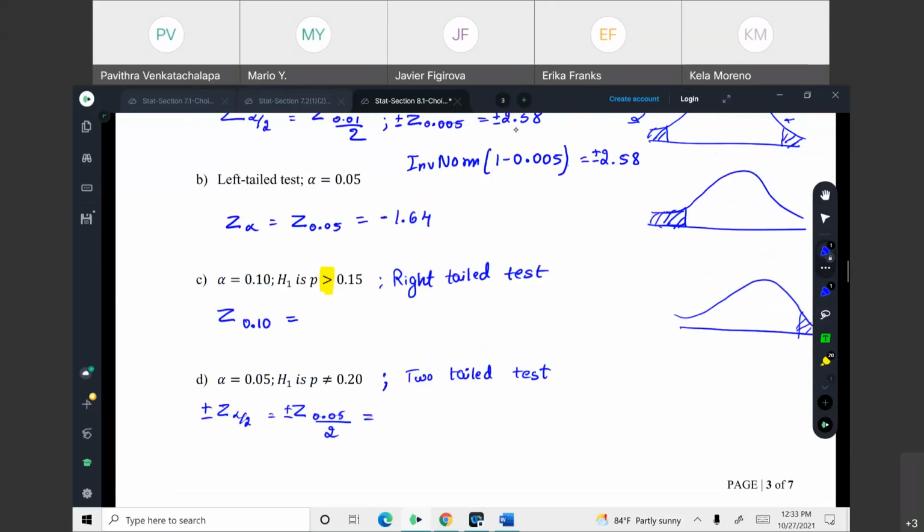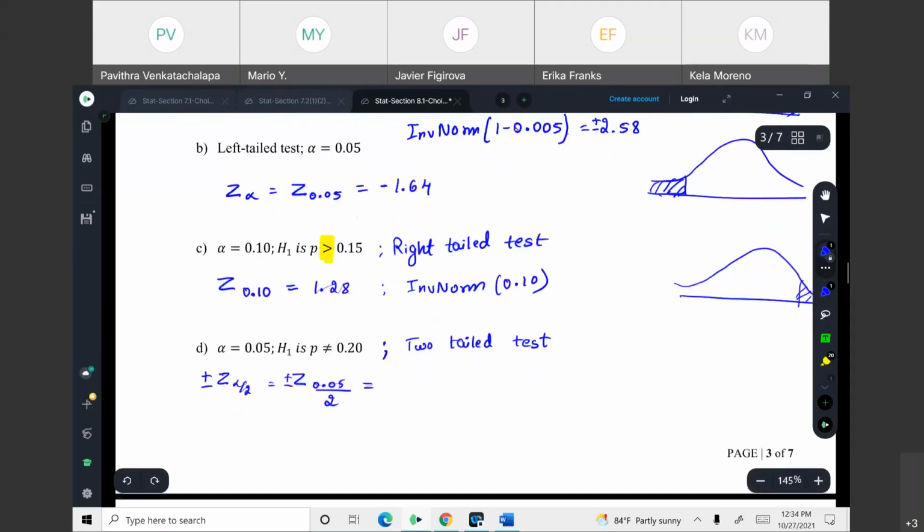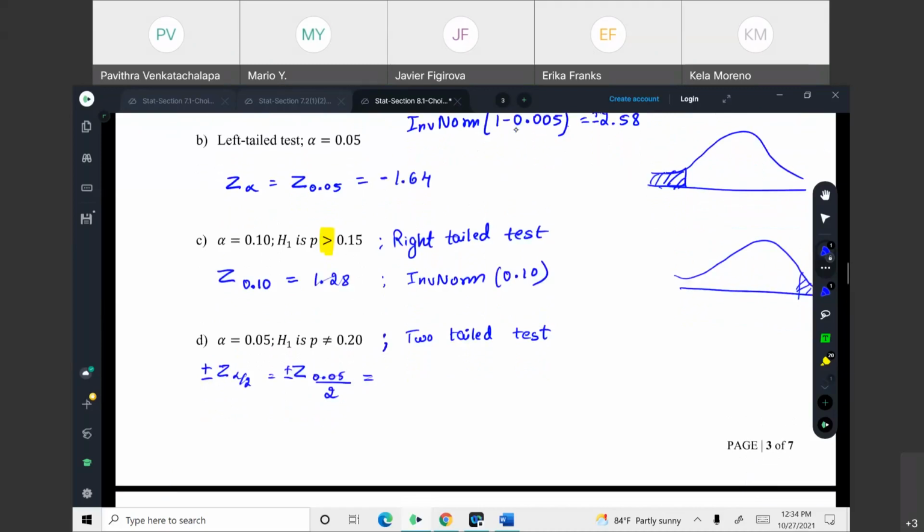If you have done this, this is going to be 1.28. You're just going to use inverse norm of the area 0.10 in your calculator. Now here, this value is going to be plus or minus 1.96.